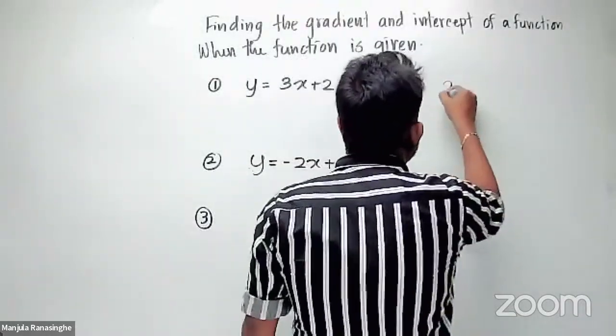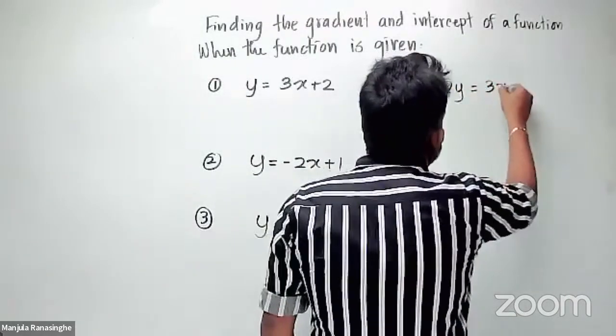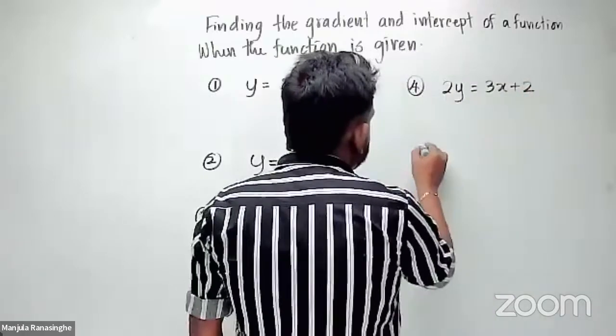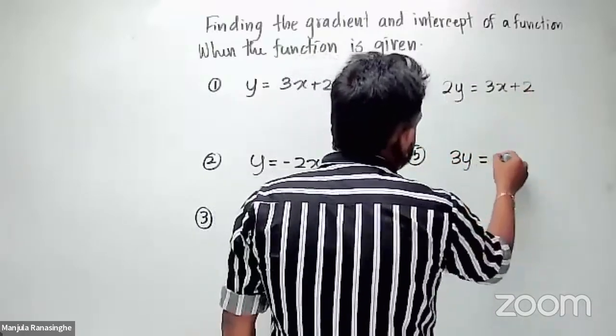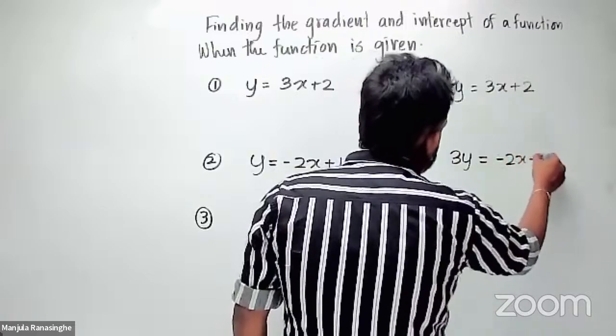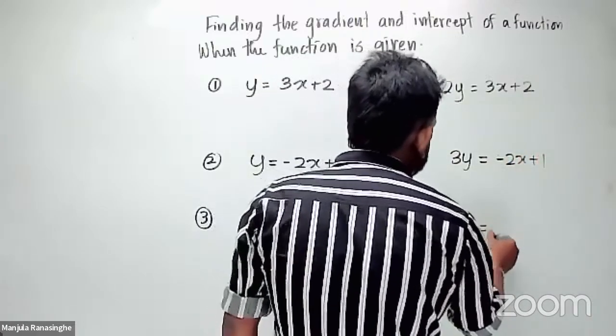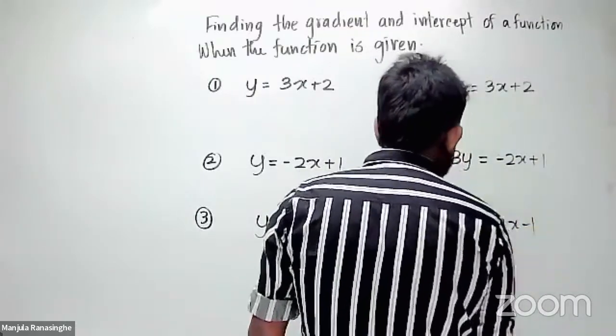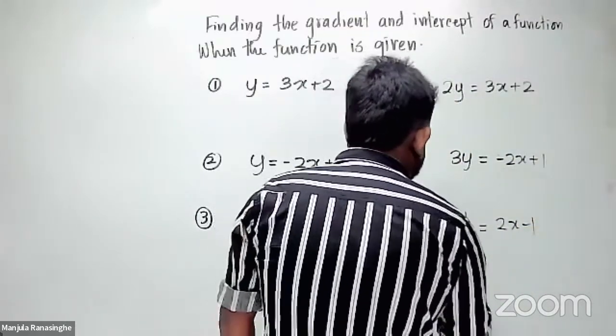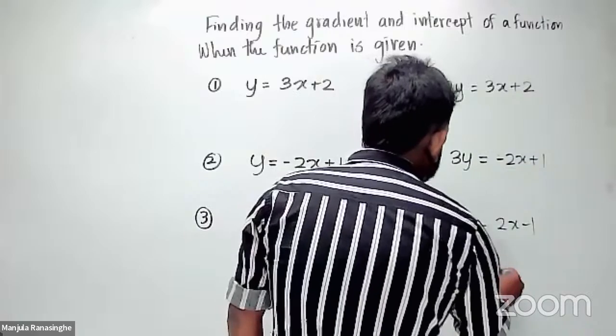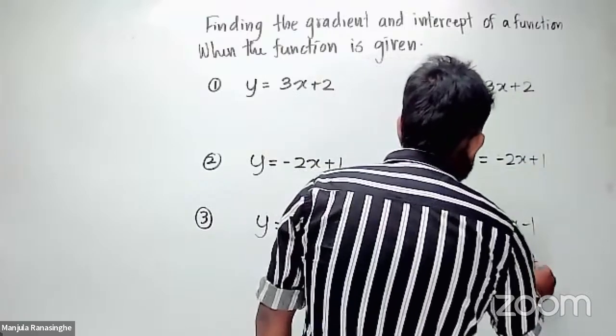Then here we have 2y equals 3x plus 2. Then 3y equals negative 2x plus 1. Then the sixth one, y upon 3 equals 2x minus 1. Then the seventh one, 2x plus 3y plus 2 equals 0.